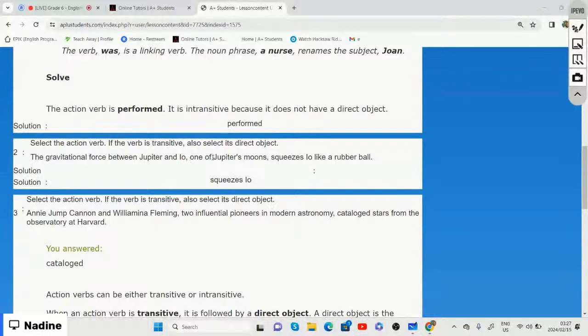One of Jupiter's moons squeezes Io like a rubber ball. So, the gravitational force between Jupiter and Io, one of Jupiter's moons, squeezes Io like a rubber ball.